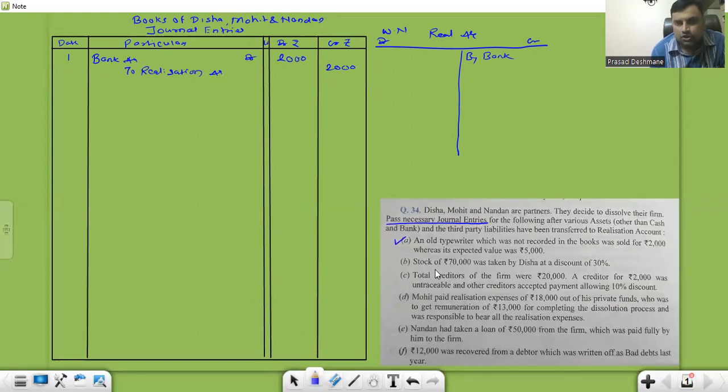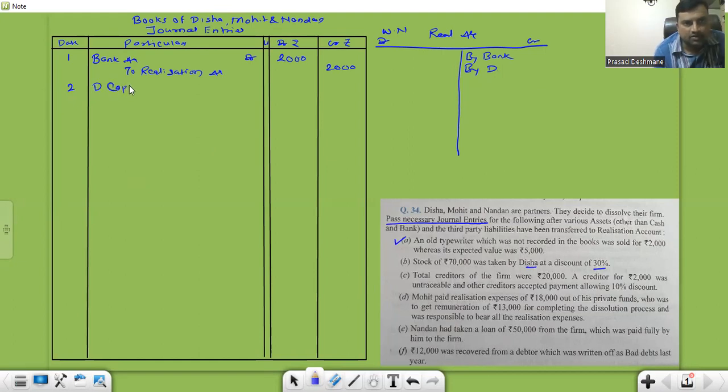Second, stock of 70,000 was taken over by Disha at a discount of 30%. When Disha is taking over stock, again an asset being taken over, we record on the credit side what we used to write here, by Disha's capital, correct? So Disha is credited over here, so in the journal we debit.